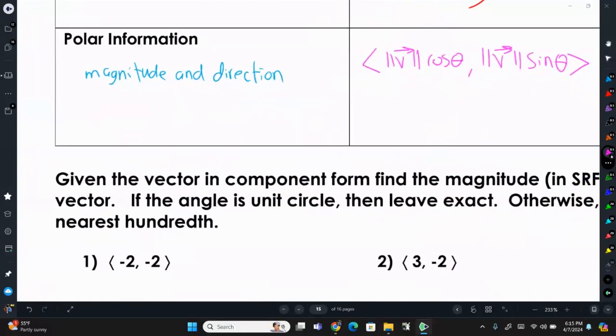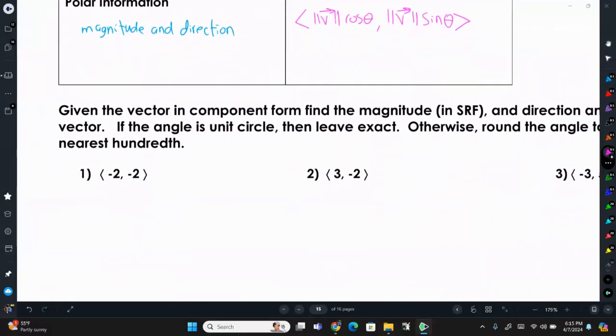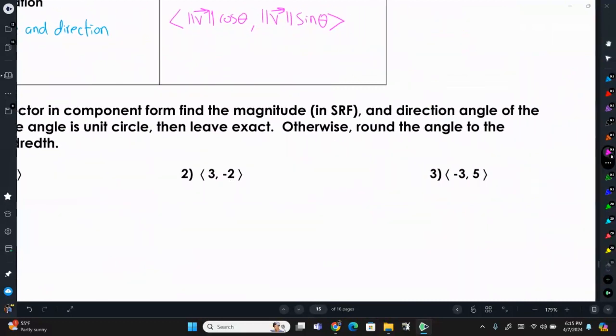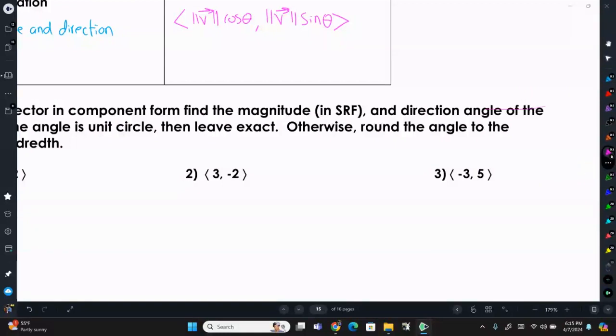So example number 1, we have our vector in component form. We're going to find the magnitude. We did that yesterday. And then we're also going to find the direction angle.